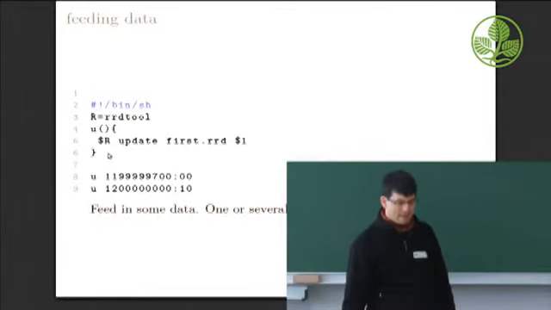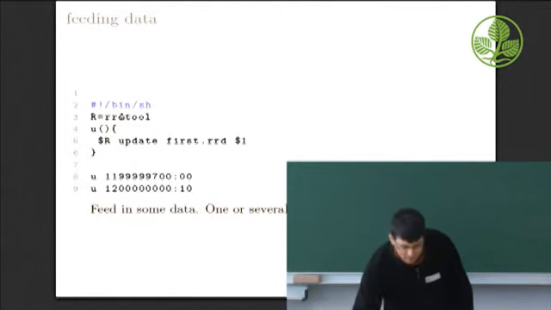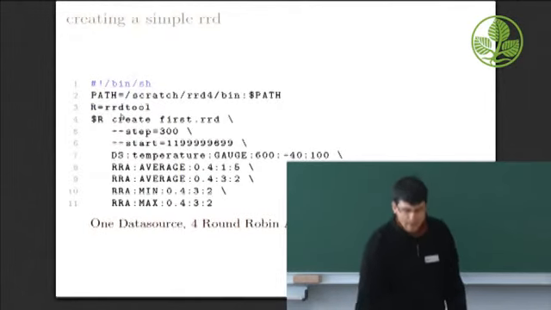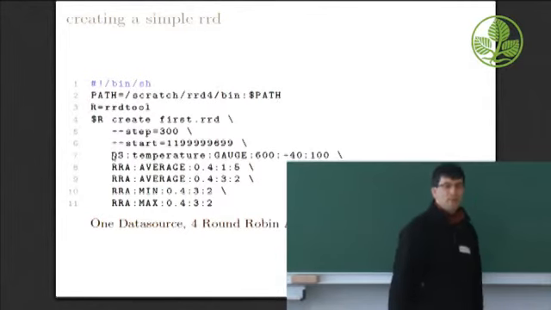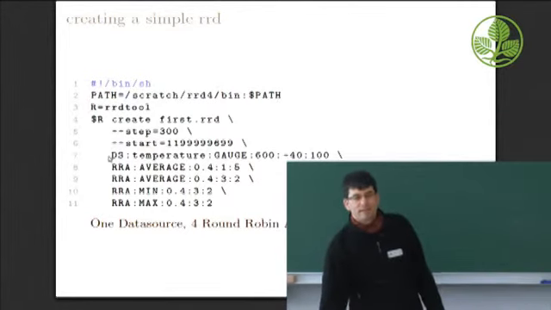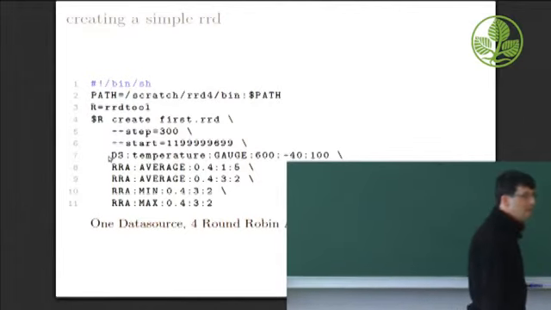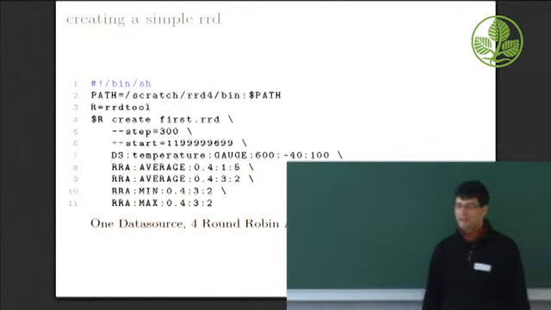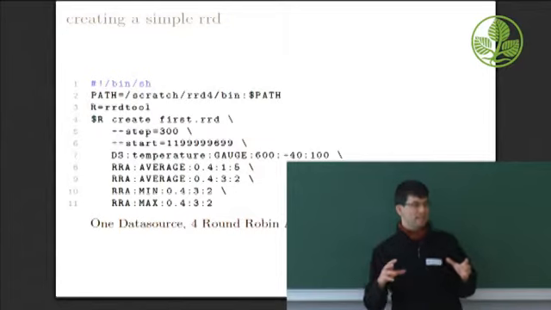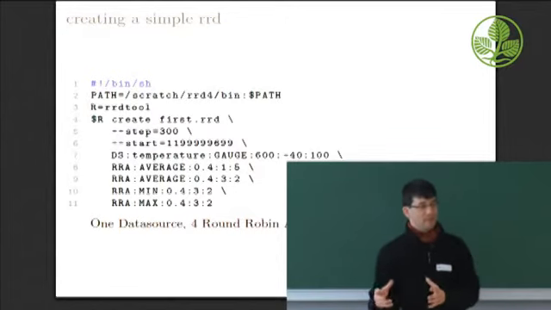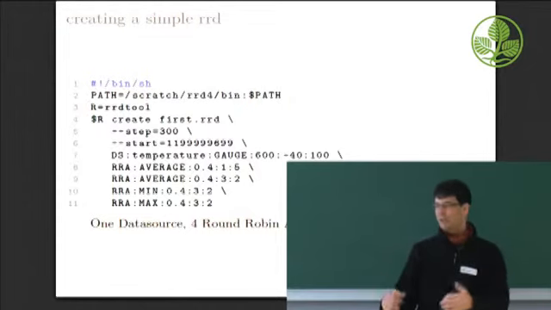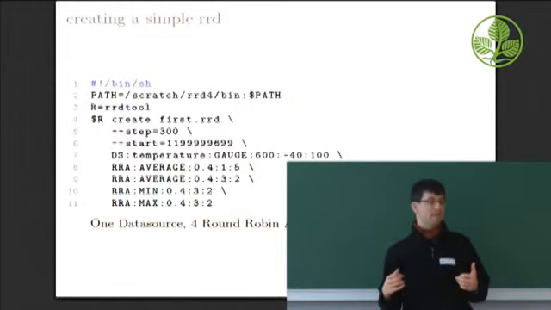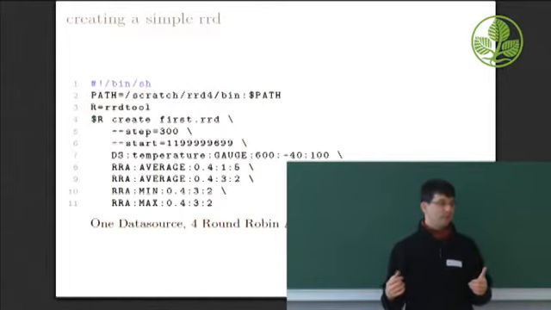Now, the next element, sorry, fighting with the browser here. The next element on the command line is the data source. So that is equivalent to a column in a SQL database. The data source represents where I'm getting my data from. And I'm telling RRDtool something about the nature of the data I'm going to store. Now, it's always time series data, and it's always floating point data.